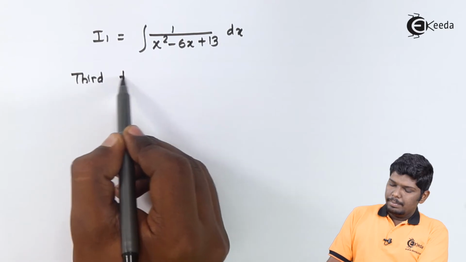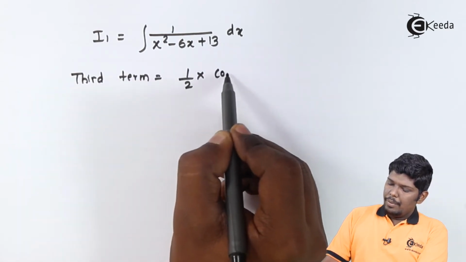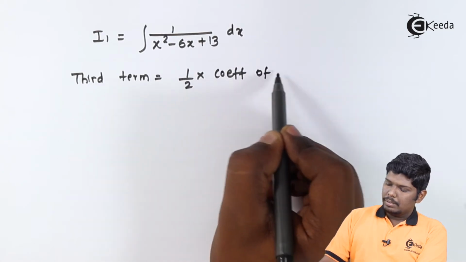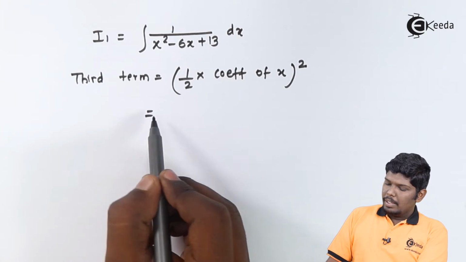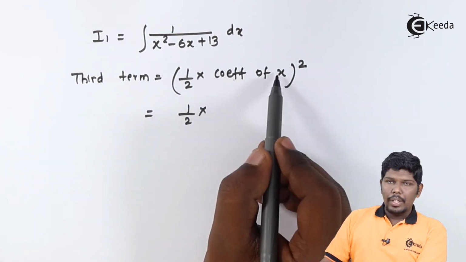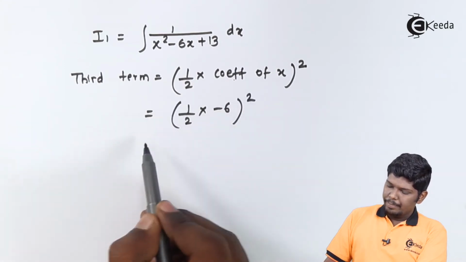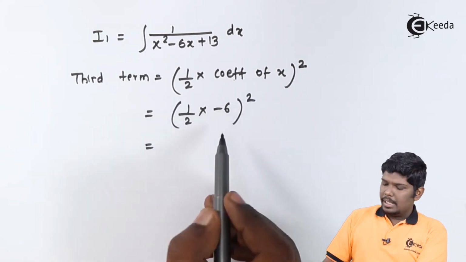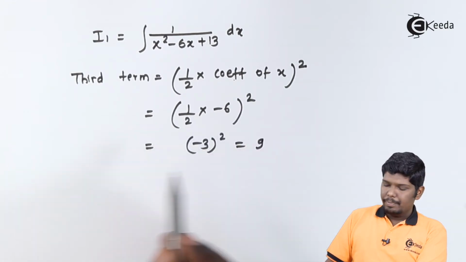Third term is equal to half into coefficient of x, the whole square. This will give you half into coefficient of x is minus 6, the whole square. On cancelling 2 and 6, we have minus 3 the whole square left, which will give you plus 9.